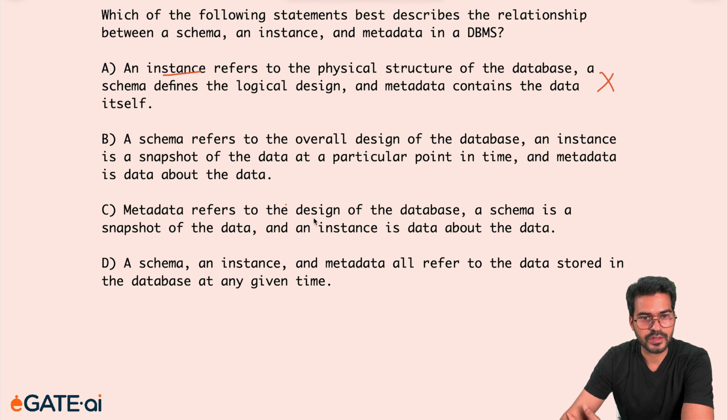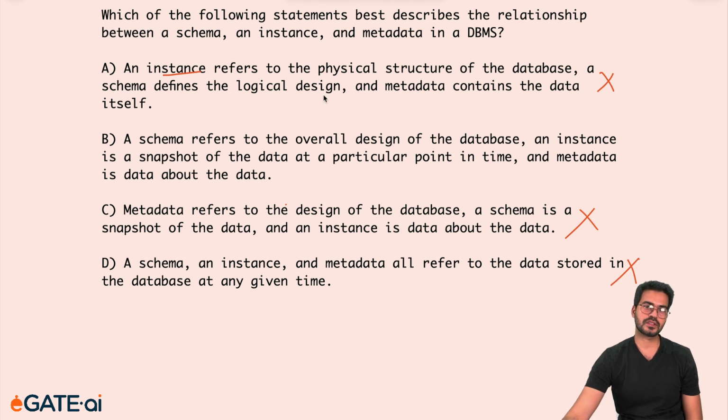Then metadata refers to the design of the database. This is again wrong, right? Metadata is data about data, so this is wrong. And then a schema, an instance, and metadata all refer to the data stored in the database. This is again wrong. You can see that it's just an interchange of definitions, right? And we know that option B is correct now.